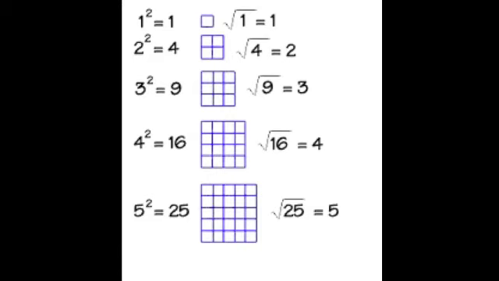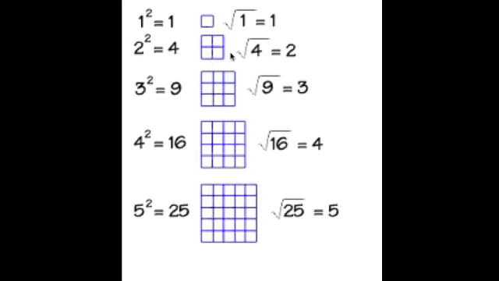Here is a pictorial representation of perfect squares and perfect square roots. Notice the 2 squared that equals 4. What that means is that 2 times 2 is 4, meaning that you have 1, 2 rows and 1, 2 columns, and that put together makes 4.